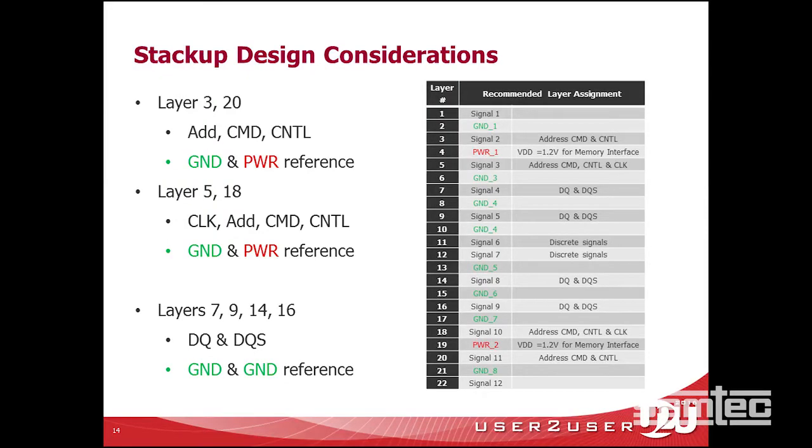When you have a reference, notice on address, command, and control, it's layers 3 and 20. You can look at this, but the point is it's ground and power reference. And then when you have clock and address command, that is layers 5 and 18. It's still power and ground, which means you can go between these references. You can go from one layer to another.